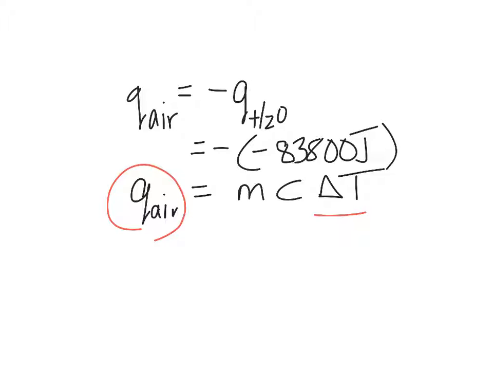C is a constant. It's also going to be in the table. Your textbook's not going to ask questions about a substance it doesn't provide you a C for, unless it says research the value, and then it will be in the table. So now you know mass, C, Q, you can solve for delta T.